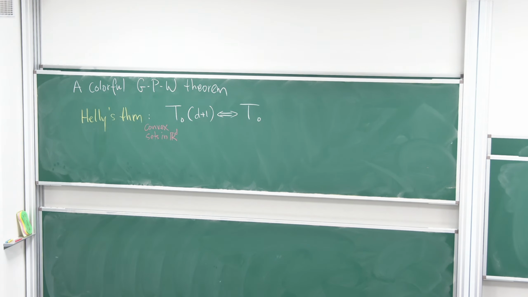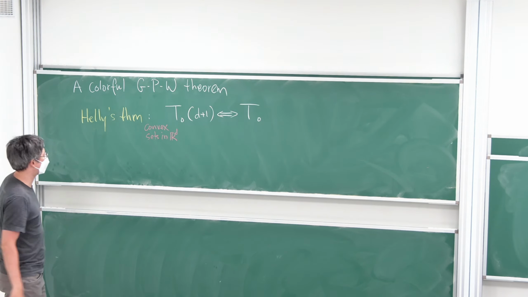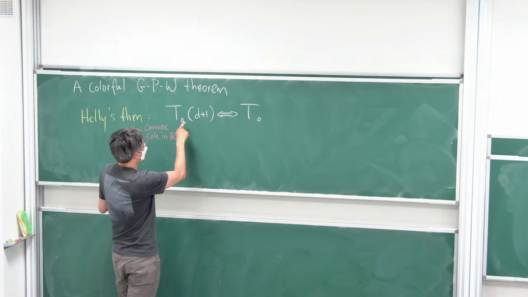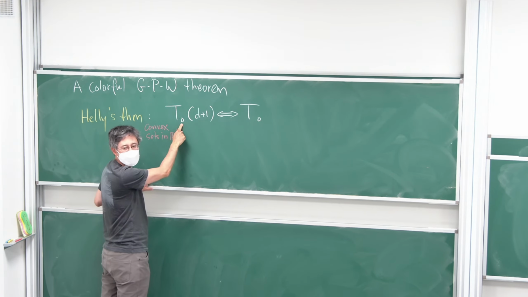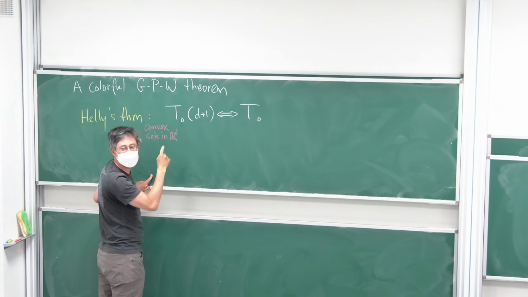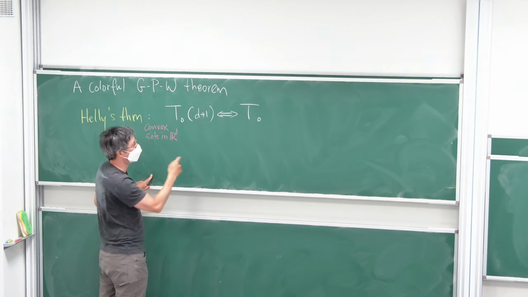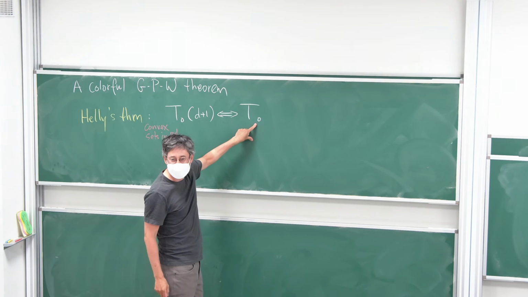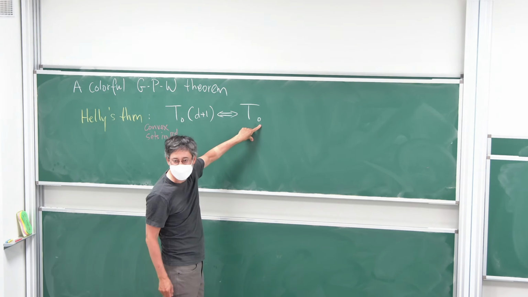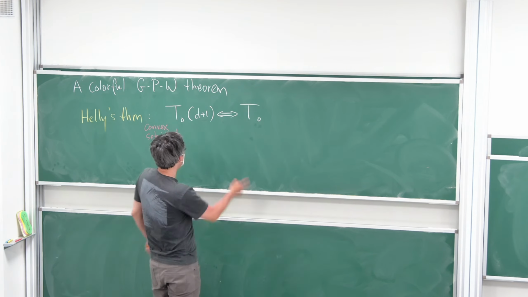It says that if I take a finite family of convex sets, this notation here means that any d plus one of them can be intersected by something zero-dimensional, a zero-dimensional point. That means that the whole family can be intersected by a zero-dimensional point. So that's what this notation means, and it's an equivalence.